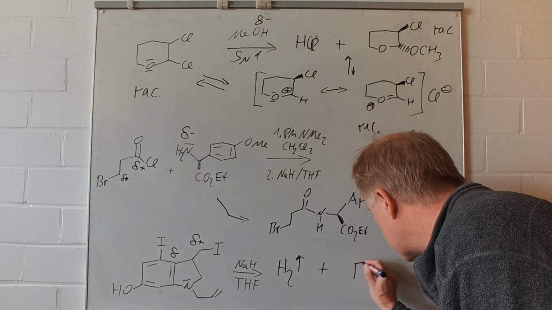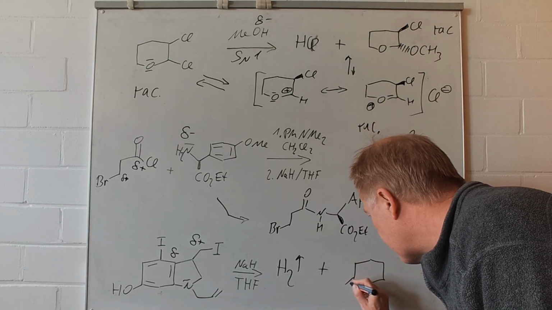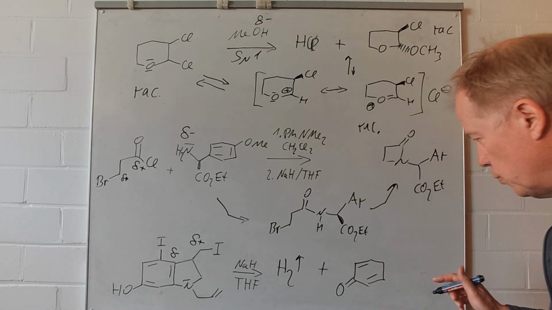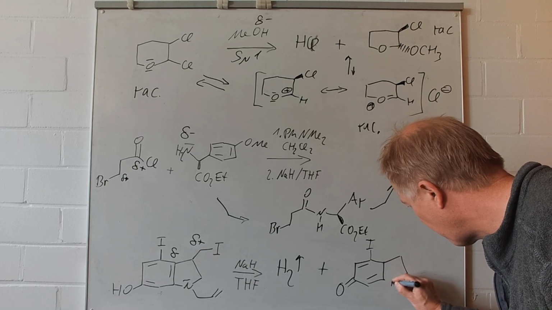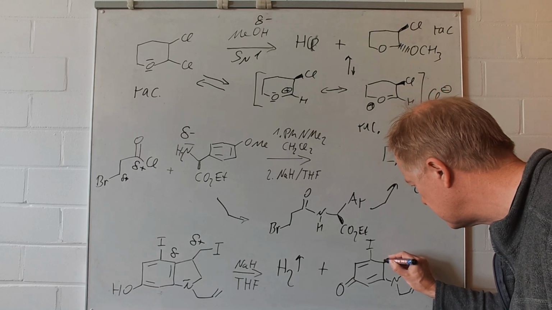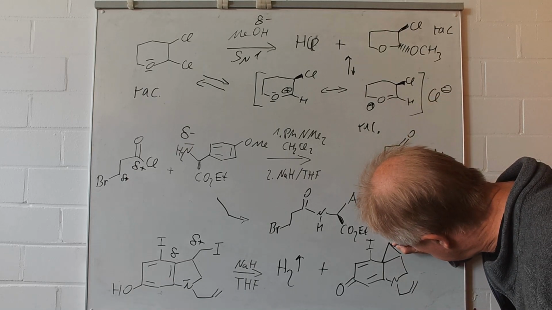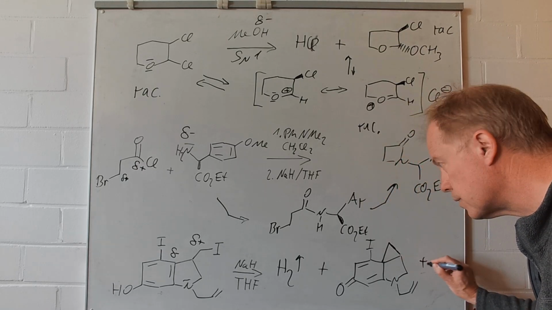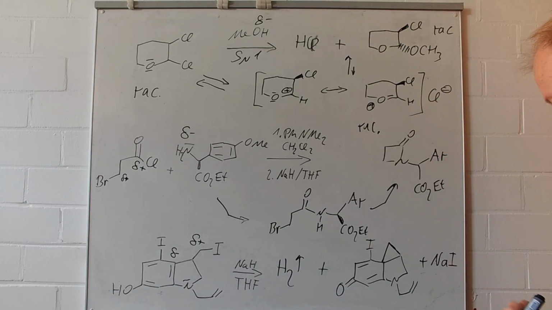The product that is formed then is this quinonoid system. The allyl group here is unaffected, and we will have formed a 3-membered ring here. And of course, sodium iodide.